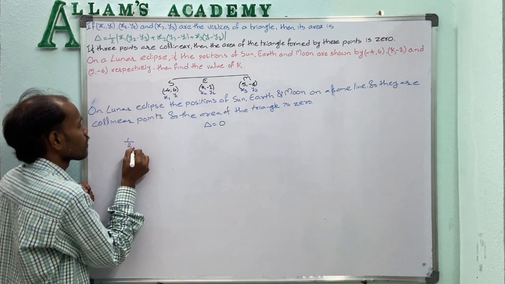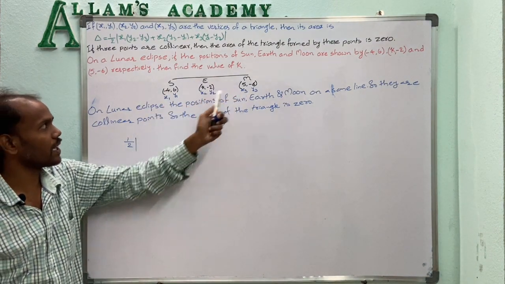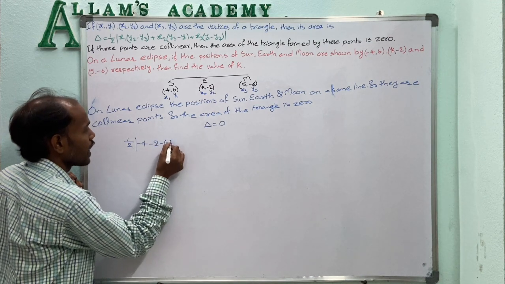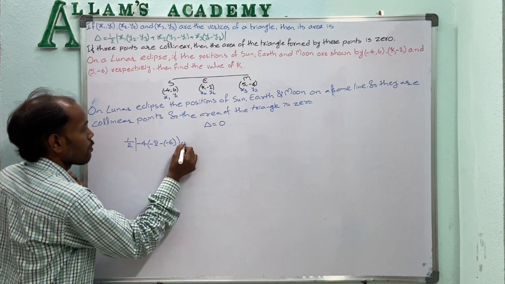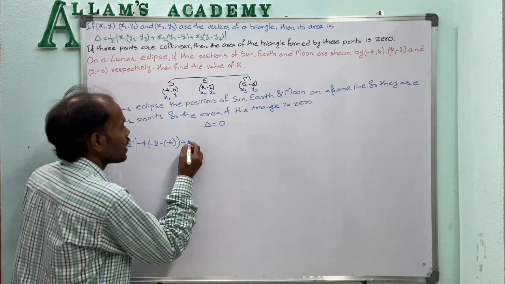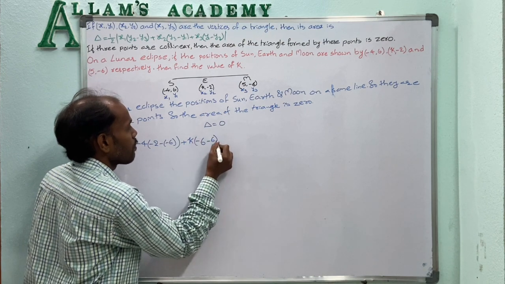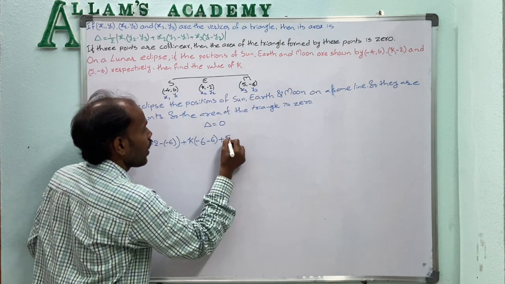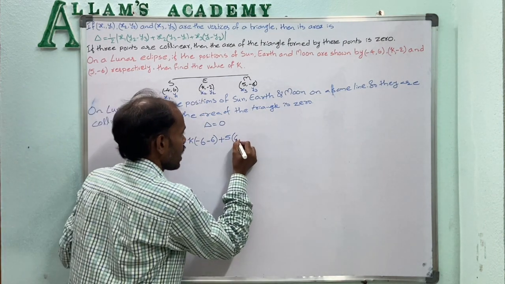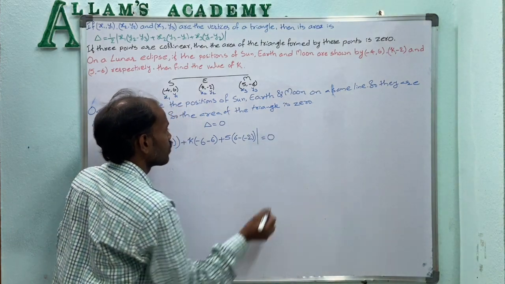So mod of x1 minus 4 into y2 minus y3, minus 2 minus half minus 6, plus x2 into y3 minus y1, k into minus 6 minus 6, plus x3 5 into y1 minus y2, 6 minus half minus 2, is equal to 0.